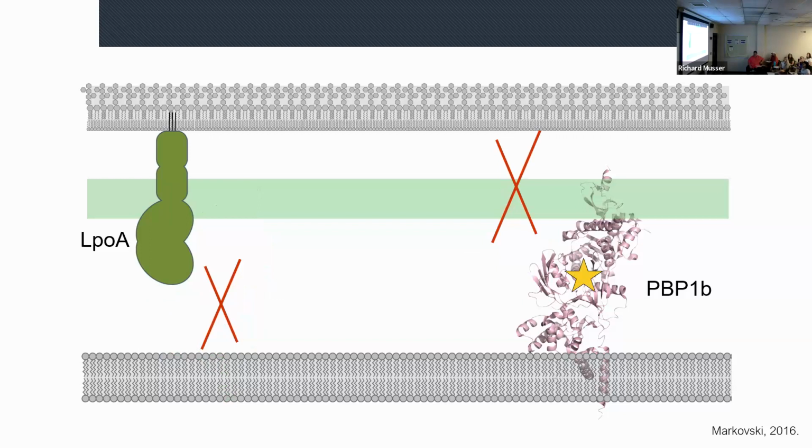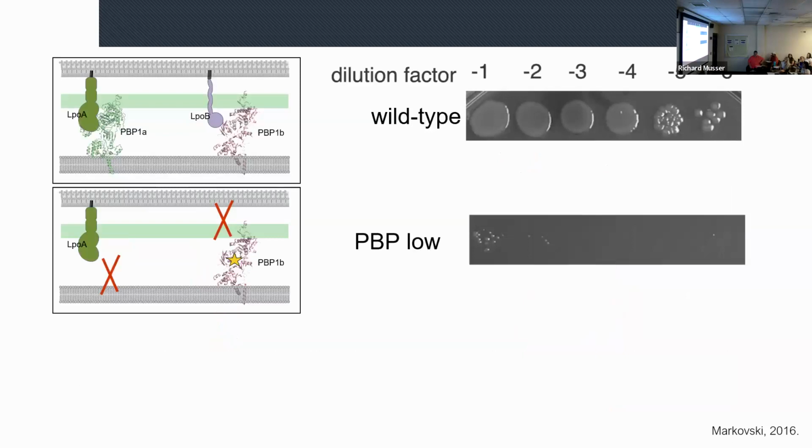This strain could grow in the absence of salt. But if you added salt and so increased the osmotic stress, the cells would not grow. They would die.